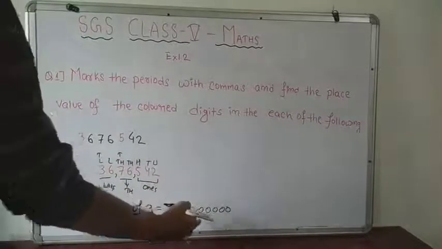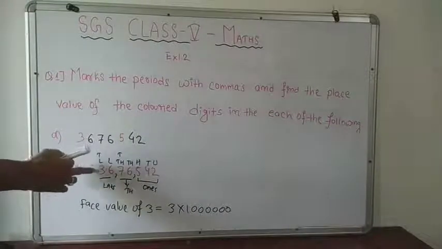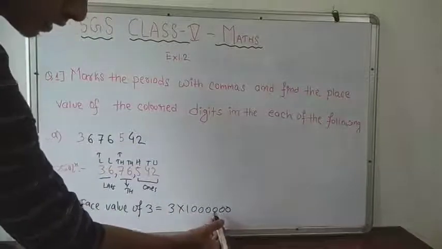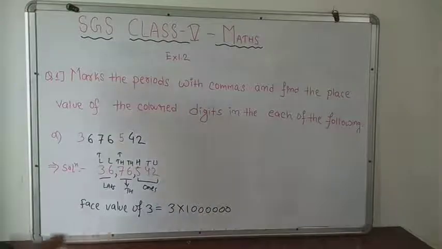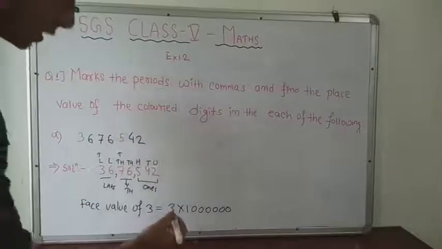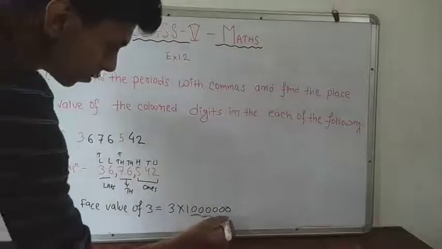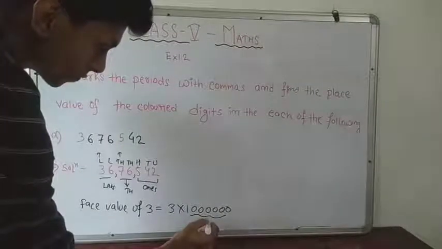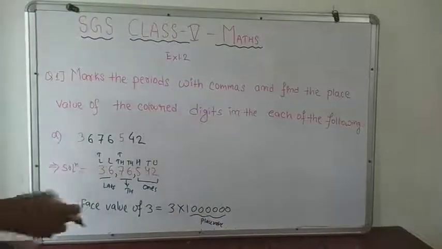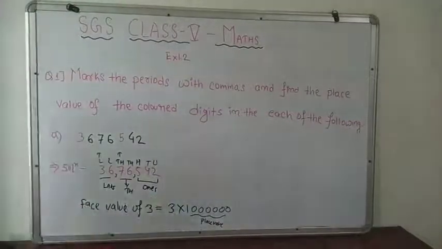That is the place number of 3, that is, 3 comes in the 10 lakh place. You can easily count it: ones, tens, 100, 1000, 10,000, lakh, 10 lakh. Okay, always multiply the digit with its place value. So this is the answer for your first one.